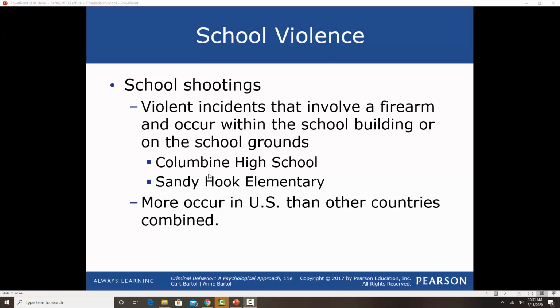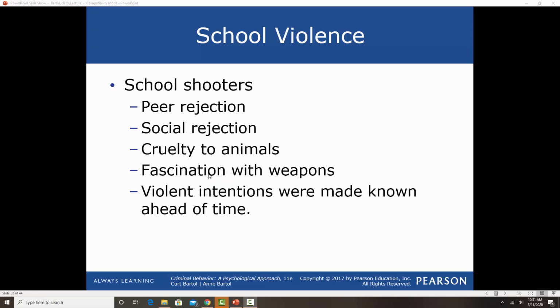I mentioned Sandy Hook a few minutes ago, but Columbine High School, the Virginia Tech shooting. There are just a number of school shootings that we could talk about that have taken place at every level of school. So that's elementary schools, middle schools, high schools, and even colleges. Now, with school shooters, again, statistically, it's very rare.